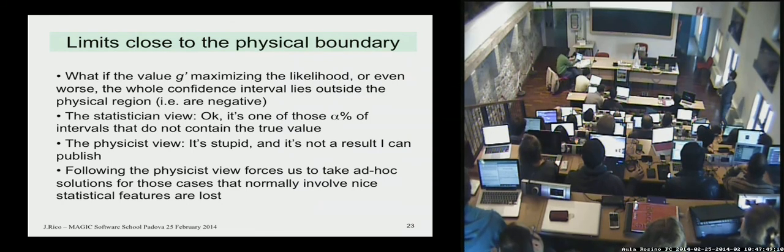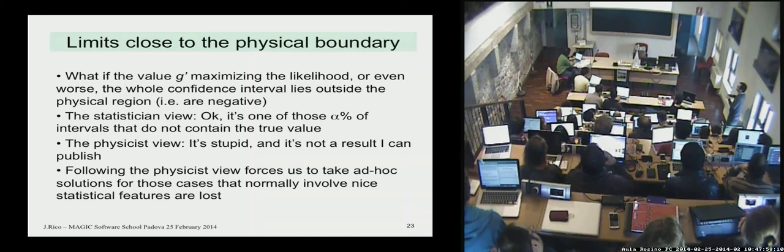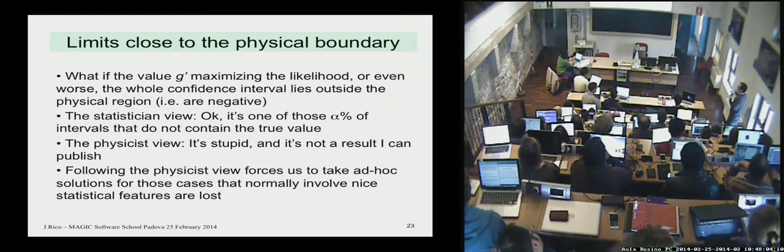From the statistician's view, there is no problem whatsoever. I mean, this is one of the cases, these alpha % cases, when your interval does not contain the true value. You know it, but it's okay. You have to keep it in order to keep the coverage. The physicist view, our view, is saying that's stupid and it's not a result we can publish.